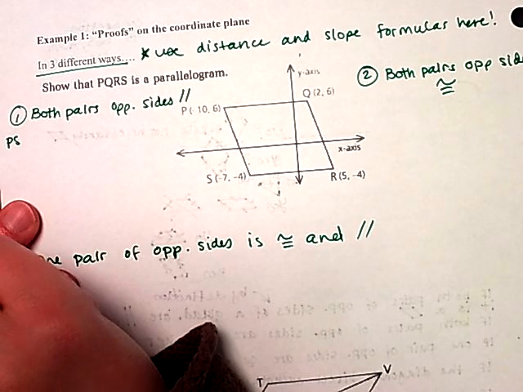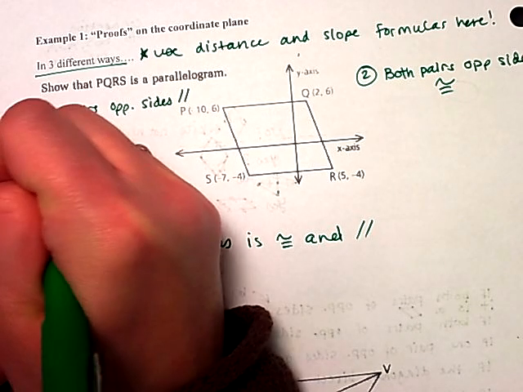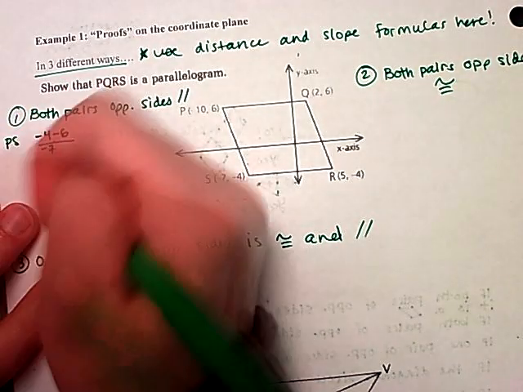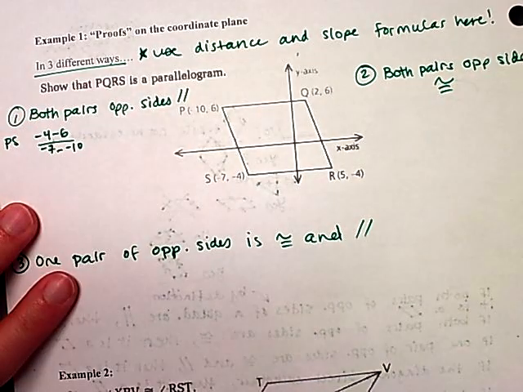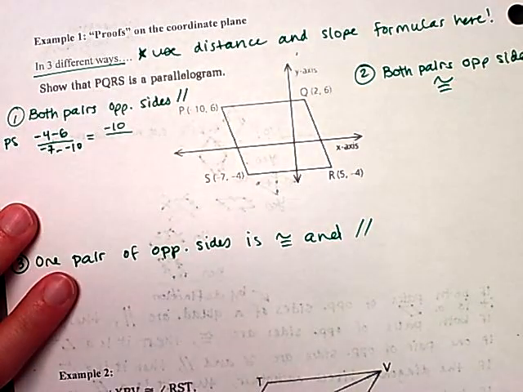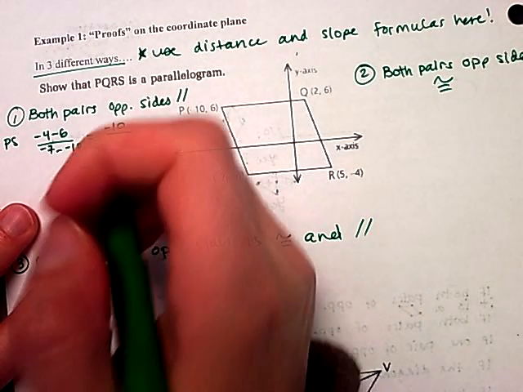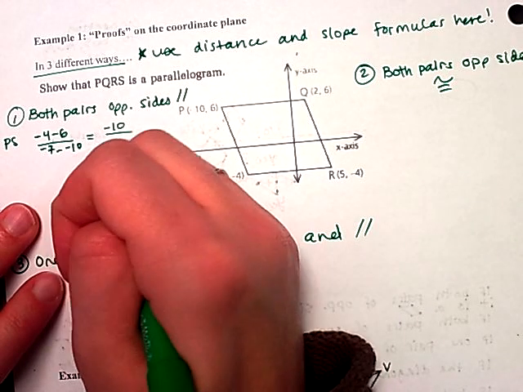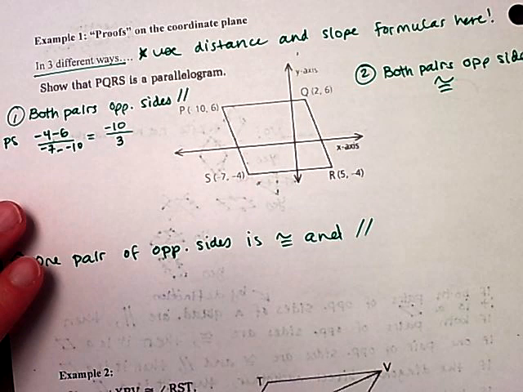So I'm going to do negative 4 minus 6 over negative 7 minus negative 10. I end up getting negative 10 on top, and on the bottom this becomes addition, so I get positive 3.